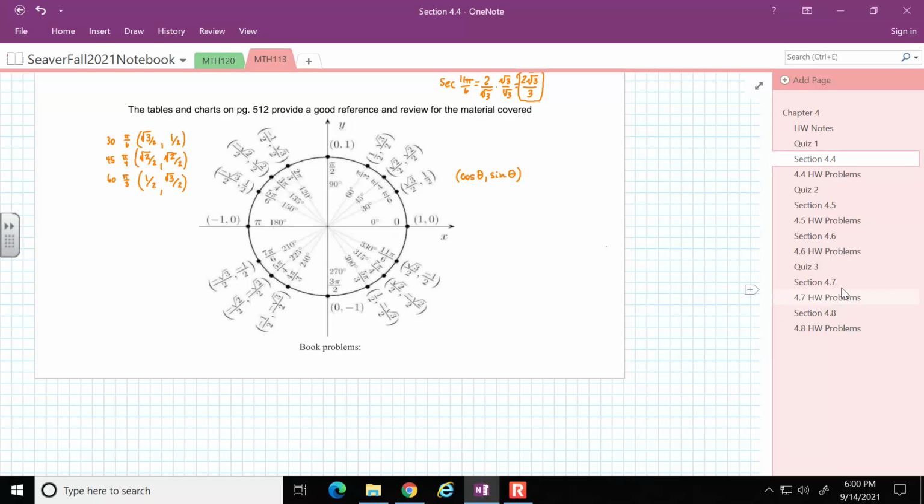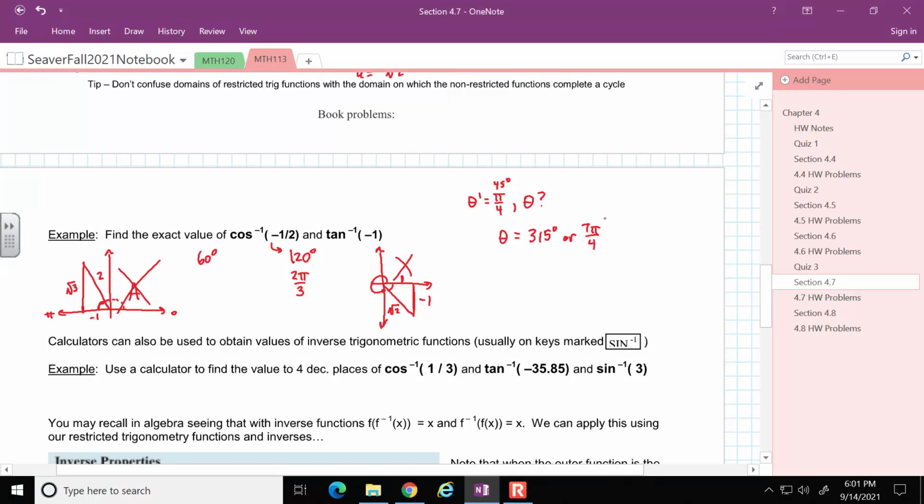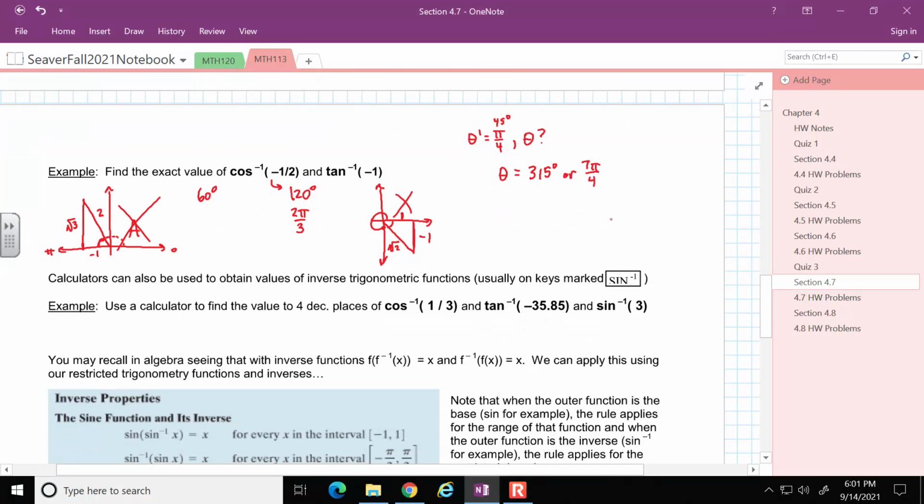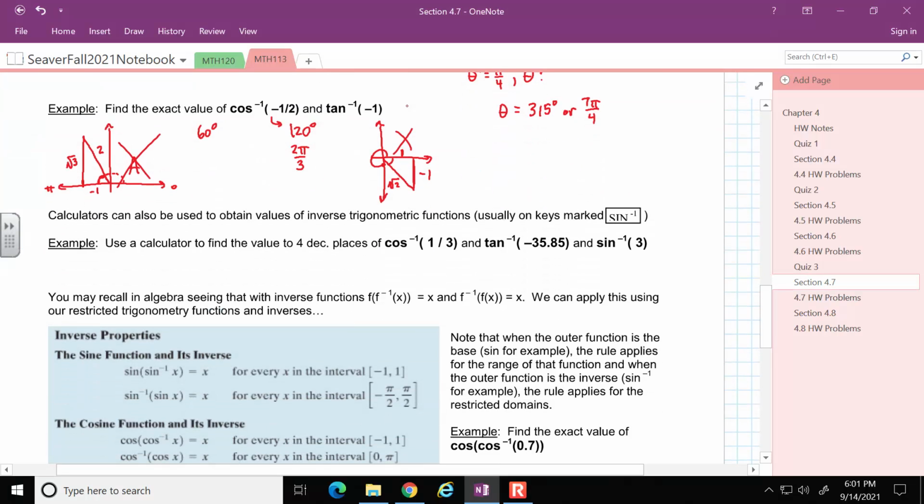All right, so that's kind of in general how you can find these. Calculators are also going to be used, and we've already used them a little bit. So this is good practice for you, I think, if you have a calculator, to try to go ahead and find the value of the inverse cosine of 1/3. So if you have a calculator, some way of doing that, go for it. Tell me what you get.